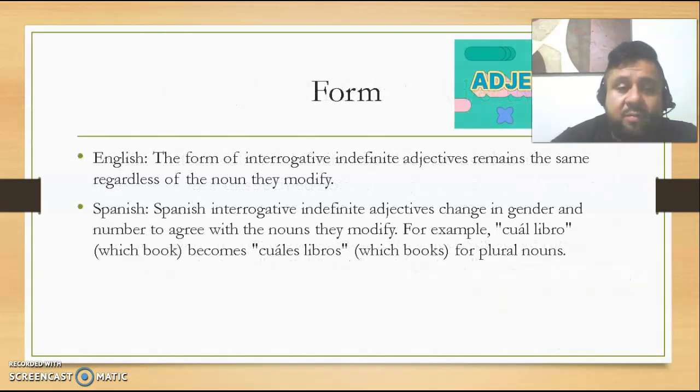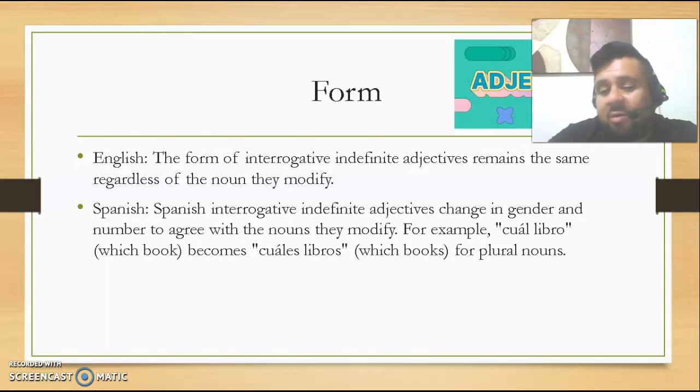The form. In English, the form of the interrogative indefinite adjectives remains the same regardless of the noun they modify. In Spanish, interrogative indefinite adjectives change in gender and number to agree with the nouns they modify.